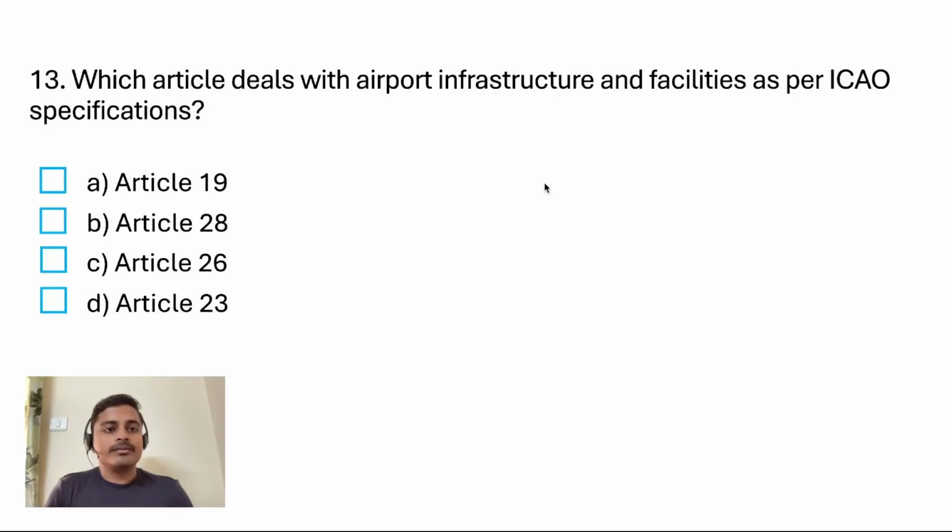Question number 13. Which article deals with airport infrastructure and facilities as per ICAO specifications? So the airport infrastructure and facilities should be provided to a foreign aircraft, and with similar costs, right? That's what we had read.